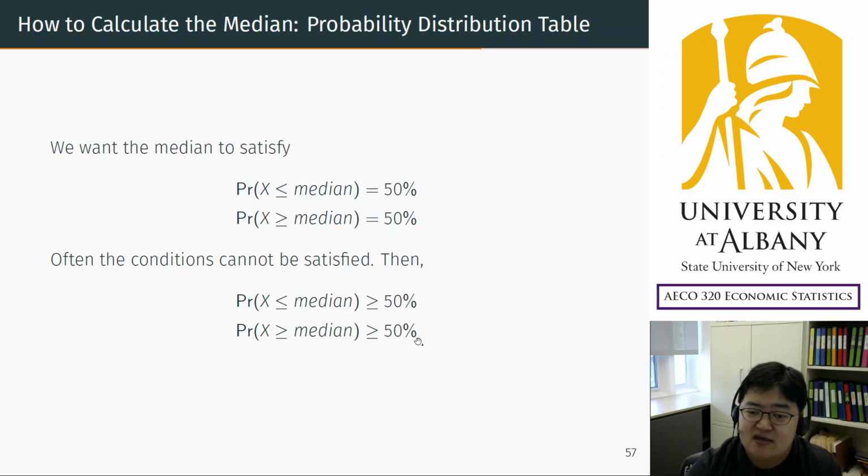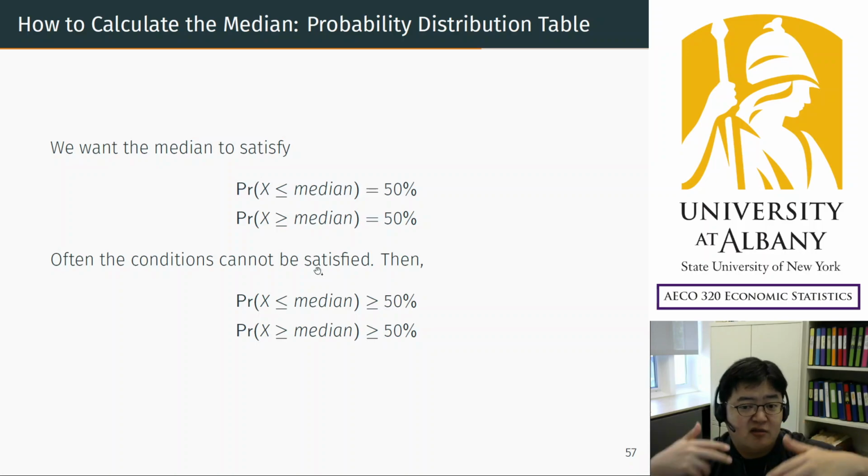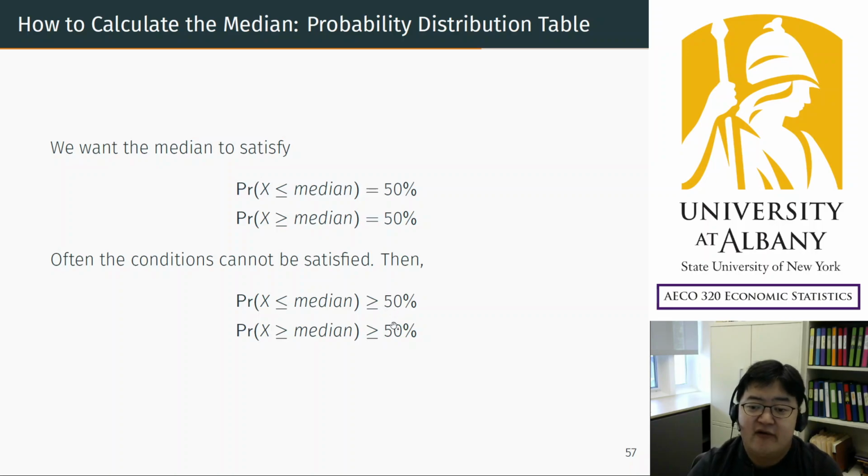So in that case, you relax the condition this way: both sides should have at least 50%. How can this be possible? Because at one point, both inequalities include equality, smaller or equal, greater or equal. So the equal part is double counted. So it is possible to have at least 50% on both sides. You will see with an example how this is possible.